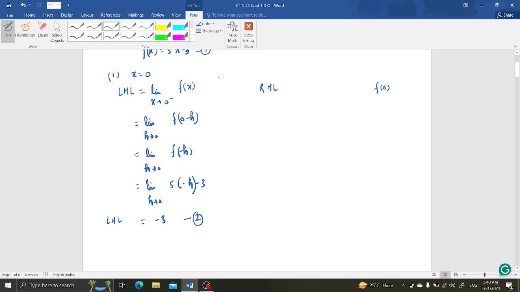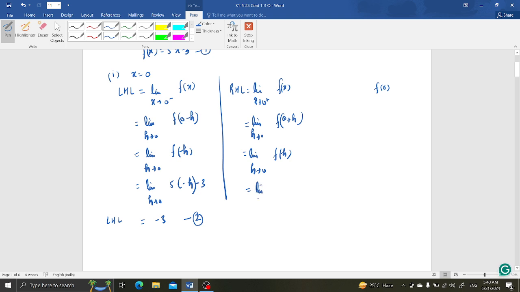Now we have RHL. What is RHL? Limit x tends to 0 positive f of x, limit h tends to 0 f of 0 plus h, limit h tends to 0 f of h, limit h tends to 0 5h minus 3, and what we get here is minus 3 again.